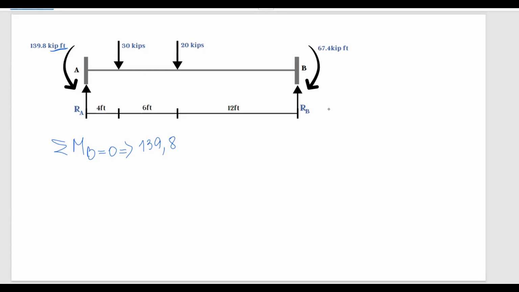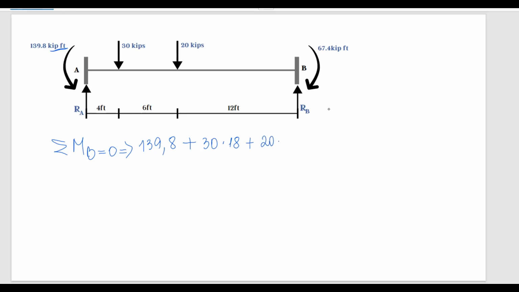And next, I'm going to have the 30 kip force, which is going to be 30 multiplied by its arm, which is 6 plus 12. It's going to be 18. Plus another force that is in the counterclockwise direction about point B is 20 kips.